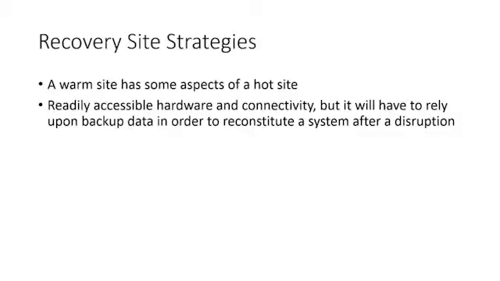So a warm site, kind of moving down now, has some aspects of the hot site. It's not real-time data, all right? It has the hardware, the software, and connectivity, but it's going to have to rely on the backups. So that's why off-site backups or that electronic vaulting is going to be so important to do a proper backup and get it away from facilities that have the original data.